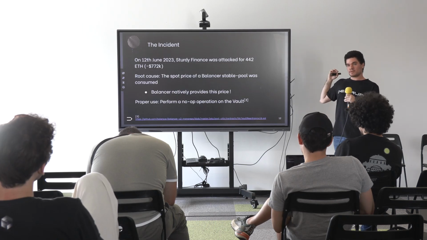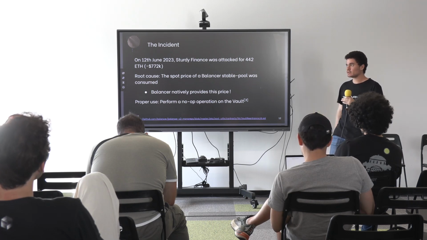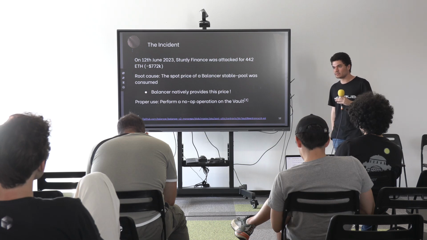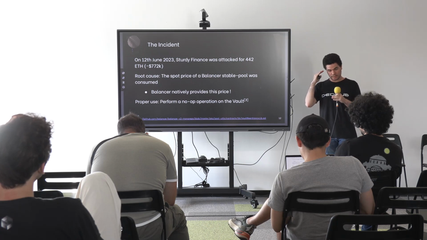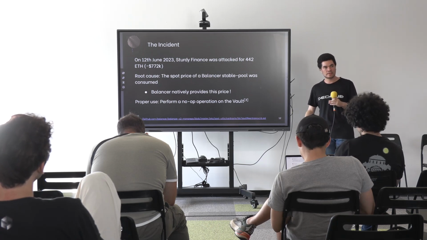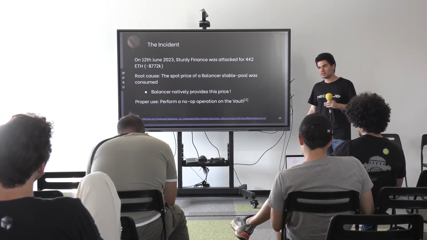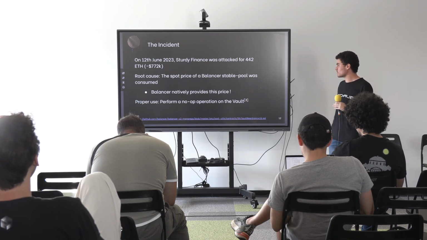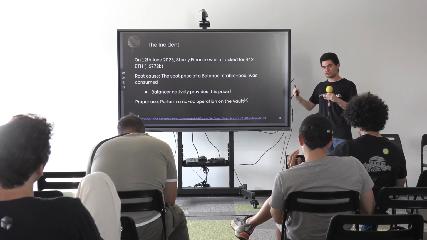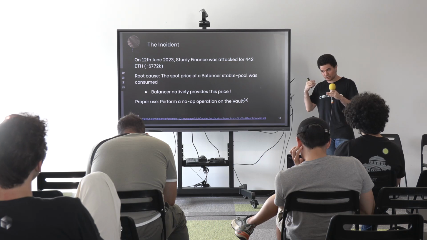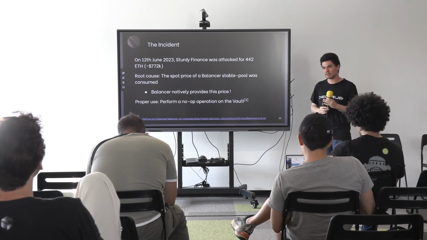Right around June last year, Sturdy Finance was hacked for around $800,000. And the root cause was they were directly reading from Balancer the spot price of a stable pool LP token. It's perfectly fine to be doing that, but you have to be aware that the Balancer vault can be abused into producing inflated values because of a read-only reentrancy vulnerability.